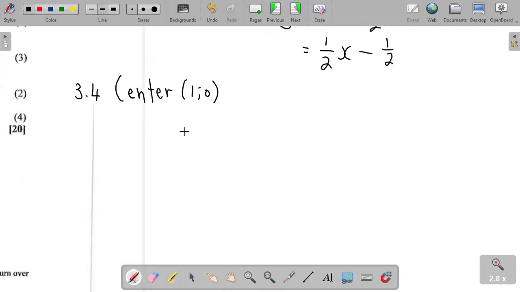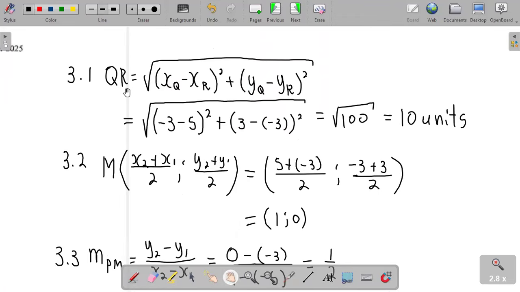That's what we know at this point. So then we also know what? We find the length of QR. Yes, we did, isn't it? We did find the length of QR, which is 10 units.